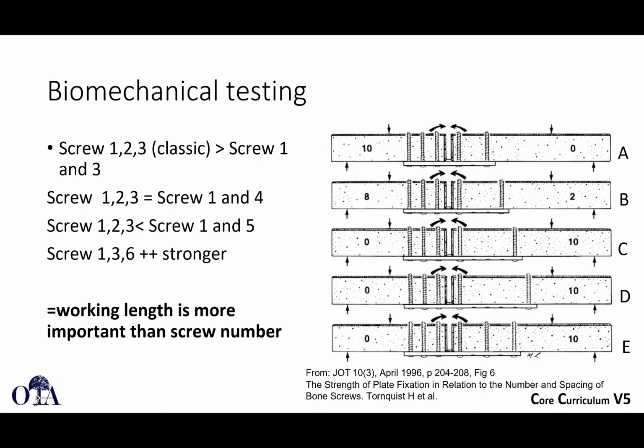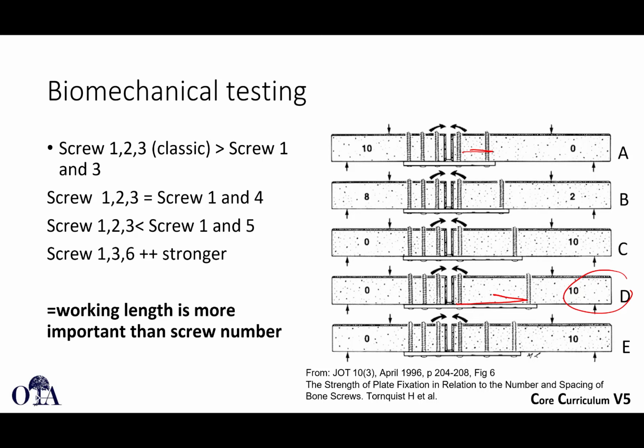Ultimately, the working length itself, and we talked about this in a different video, is more important than the screw number. So, for example, as you see in example D here, you have a long working length with 2 screws compared to here.